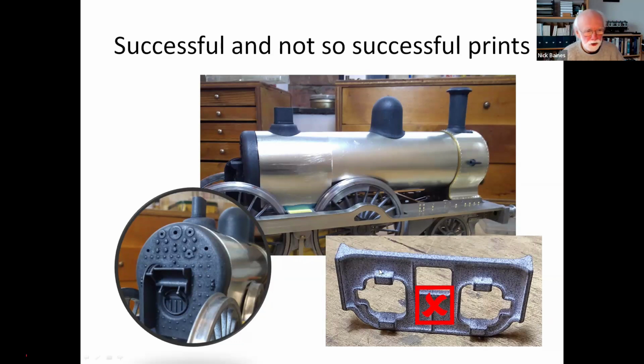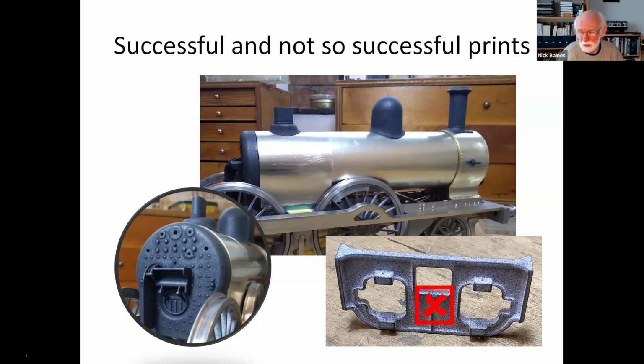Some things don't work. This is the original motion bracket, which was 3D printed in nylon. It's the bit that these lugs here, they support the slide bars, so the crossheads go through there and the valve gear goes through that hole there. It looks nice. It's got all the prototype details, and it just wasn't sufficiently rigid.